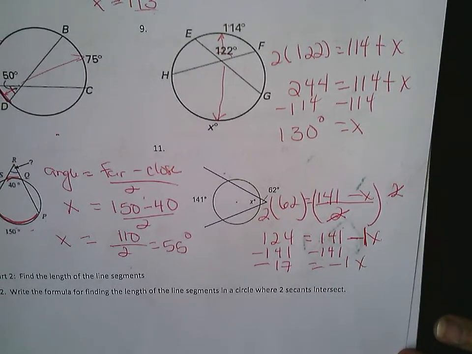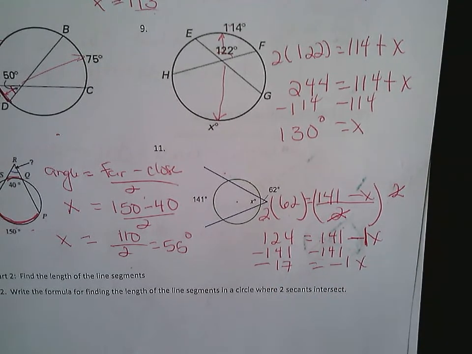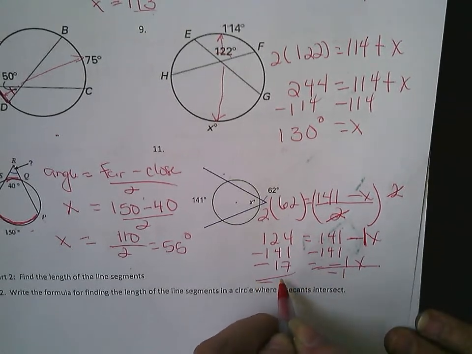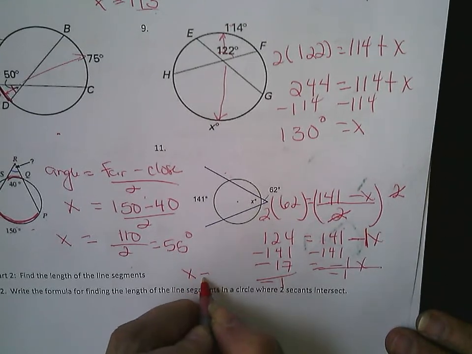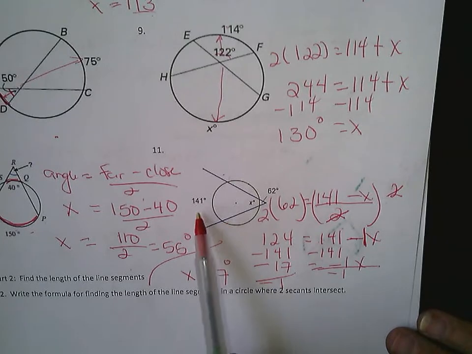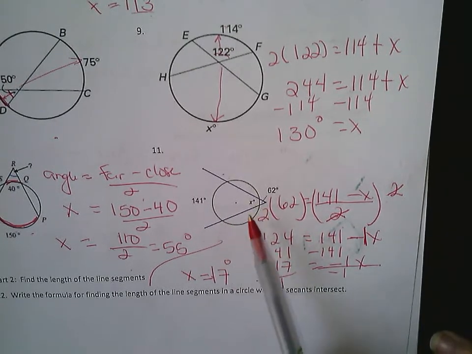Maybe you can see that a negative and a negative means x has to be 17, but if you can't, divide both sides by negative 1. Then x equals 17 degrees. So 141 minus 17, divided by 2, gives us our 62 degrees.